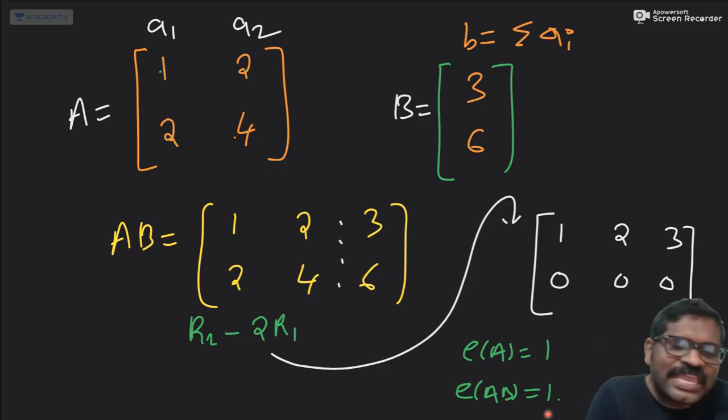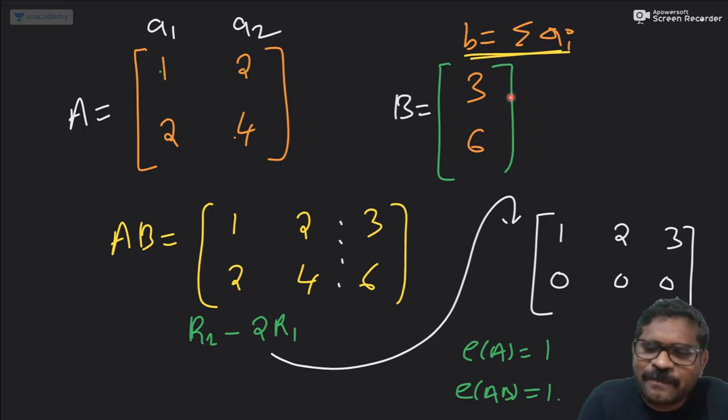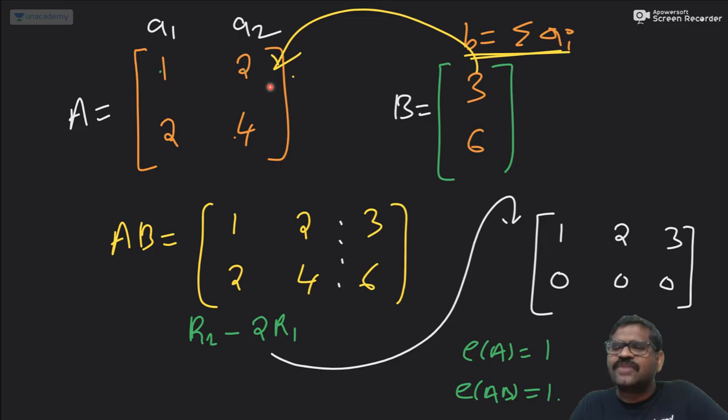Since B is sigma Ai, B is depending on A. That's why. If you apply column operations, no problem. C2 minus 2C1, C3 minus 3C1, again you will get rank of A is 1, rank of AB is also 1.